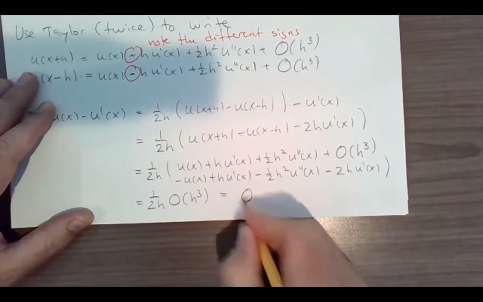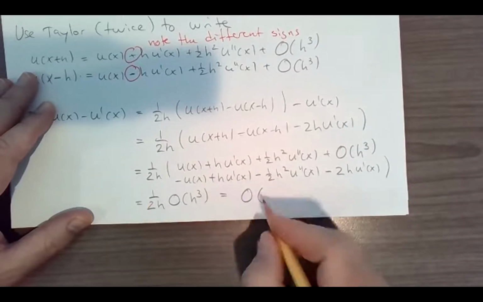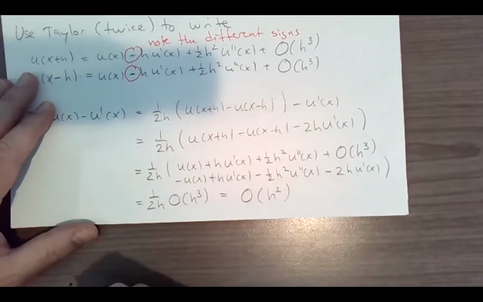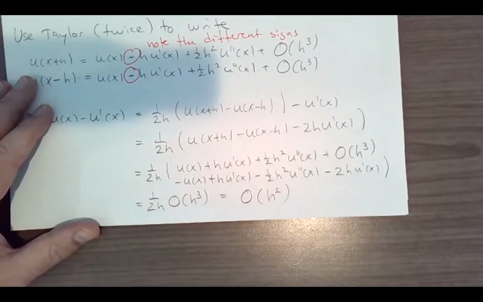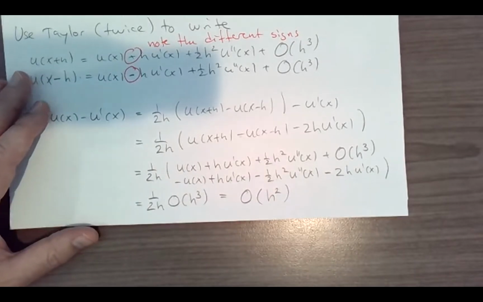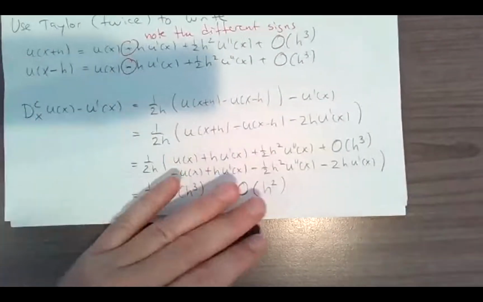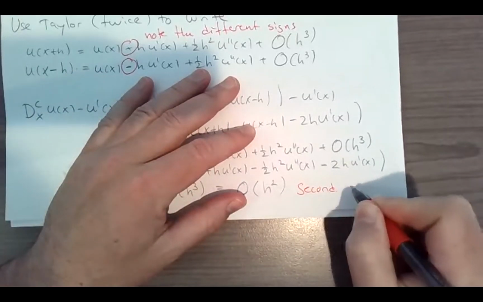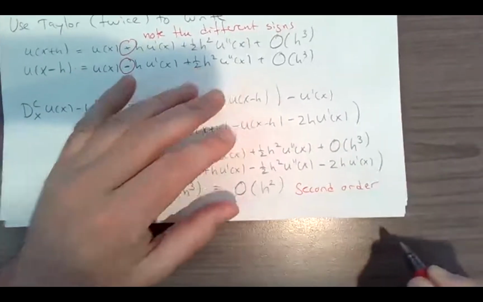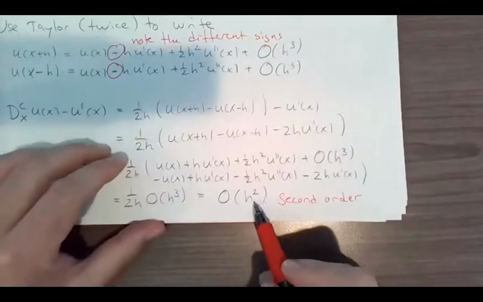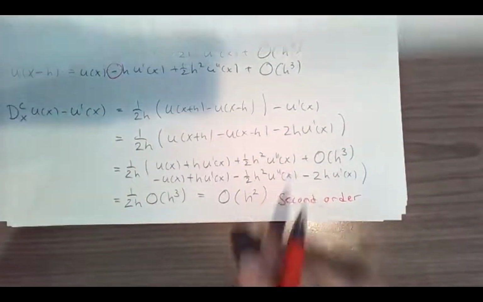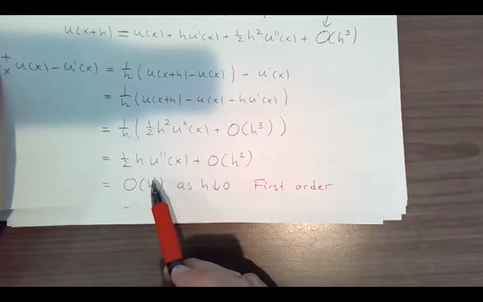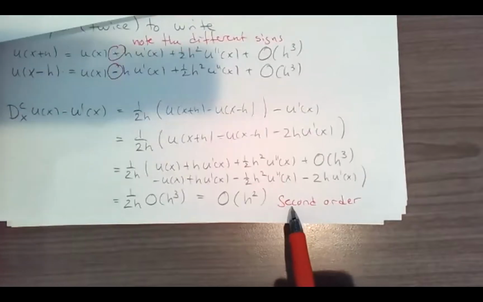So this is O of, the constants don't matter, O of h squared. So this is a second order method. We get a square here, whereas over here we only got the power 1. We got a first order. This one here is a second order.